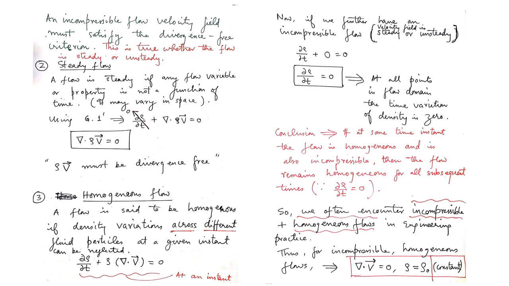Now if that is the case at an instant, let us see how we can absorb this in the continuity equation. Again here we would like to use G.1 dash, because only this continuity equation has partial derivatives of density either with time or with space. So in case of homogeneous flow, we are neglecting density variations in space at a certain instant of time.